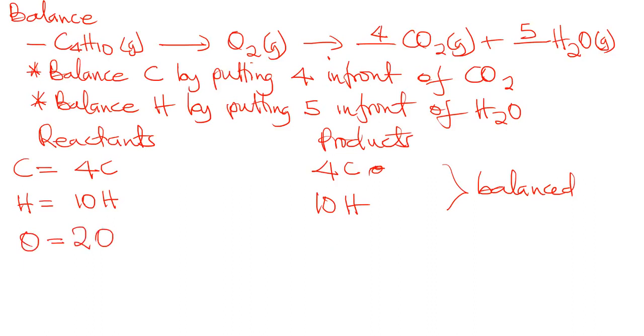But look at the number of oxygen here. 4 times 2. So this one has 8 oxygens. Then 5 times 1. This one has 5 oxygens. So the total number of oxygens is 8 plus 5, which is 13 oxygen.